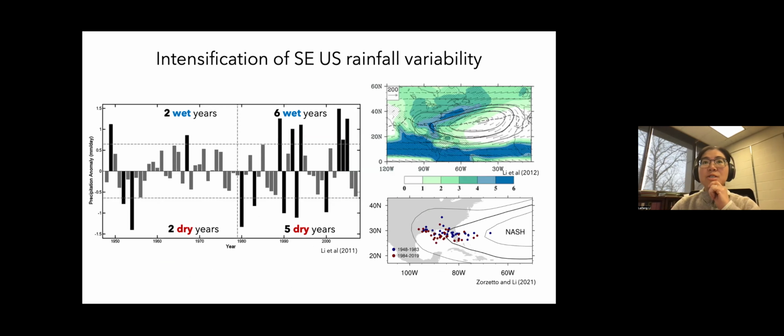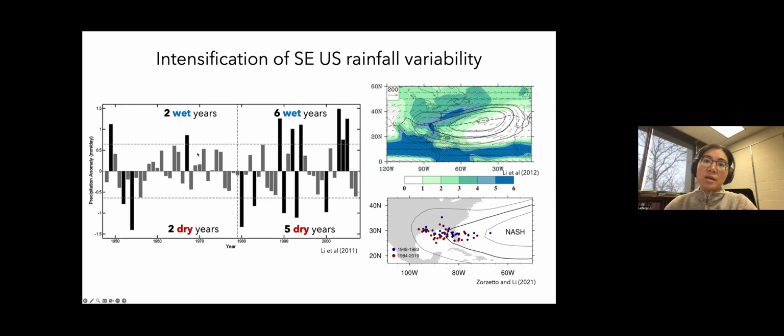Another motivation for focusing on the southeastern US is that if we pull out the precipitation record for the entire domain and perform a domain average, what we get from the past 70 years of record is that the year-to-year deviation of the precipitation from the mean becomes larger in amplitude. That leads to increased occurrence of both dry and wet summers.